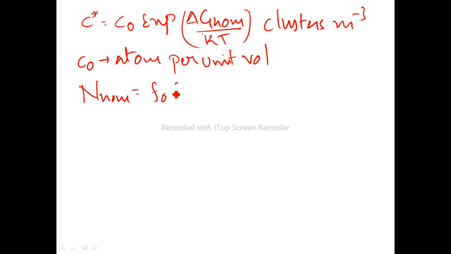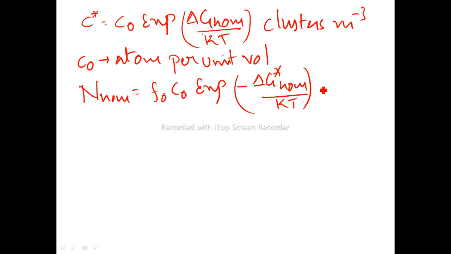Okay, then we can write the rate of homogeneous nucleation is equal to F naught into C naught exponential of minus delta G star homogeneous divided by kT, nuclei per metre cube per second.